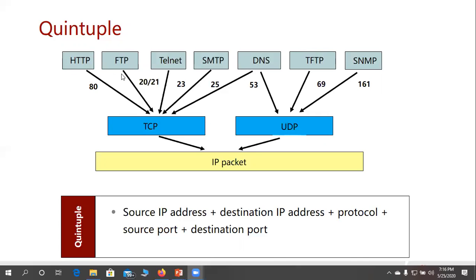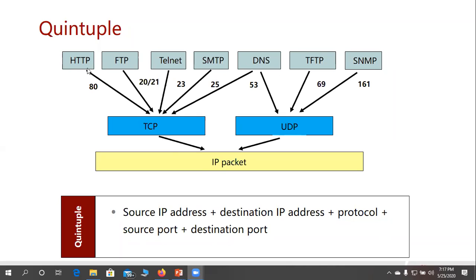Now, when you want to reach these services, for example, the web, they use what we call port numbers. So these are what we call well-known port numbers, and they are fixed. Okay. So we have source port number and destination port number. Okay. On your laptop, when you open the browser, a source port number is going to be generated dynamically. Okay.